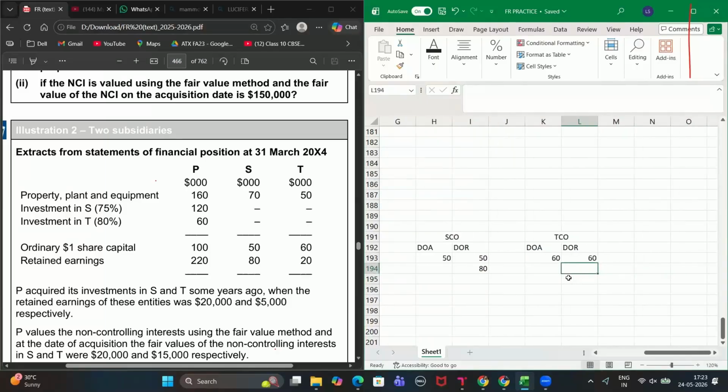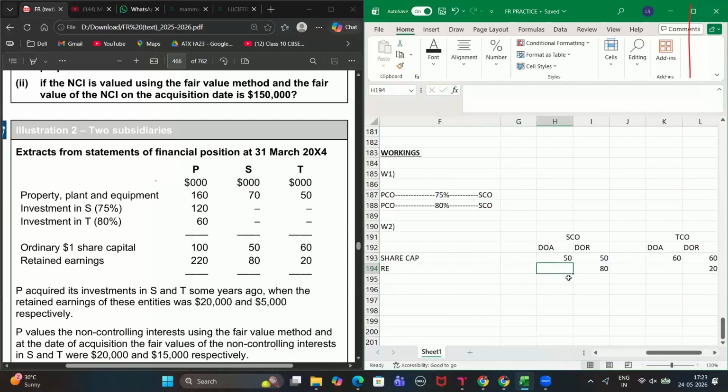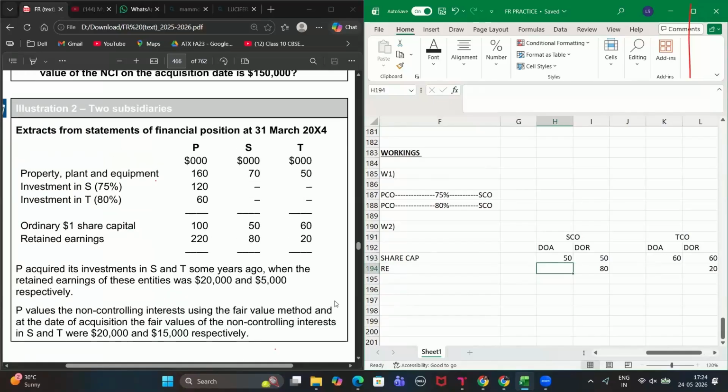What about T company? 20. What about acquisition? What is the retained earnings as on acquisition for S company? It's 20,000, right?